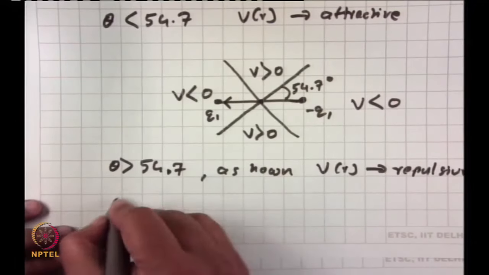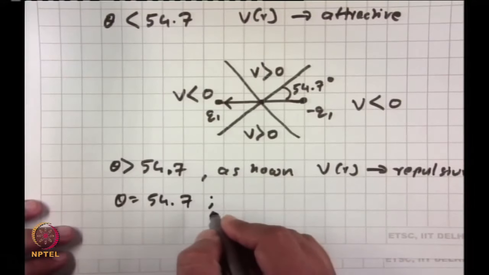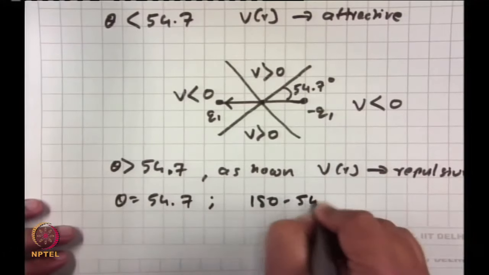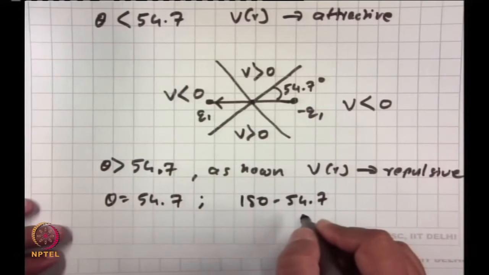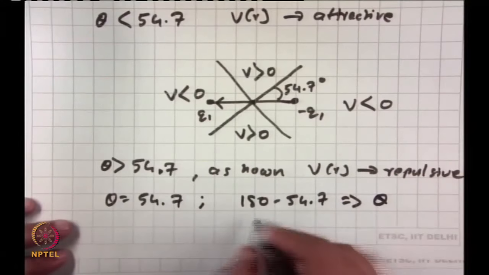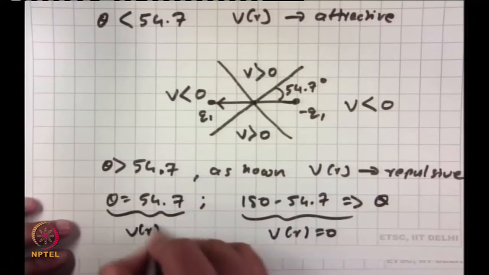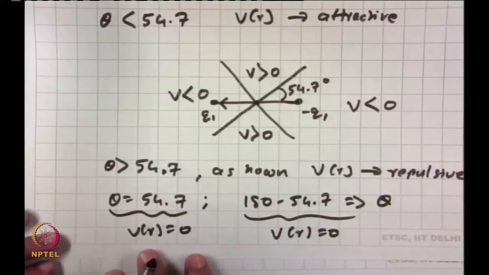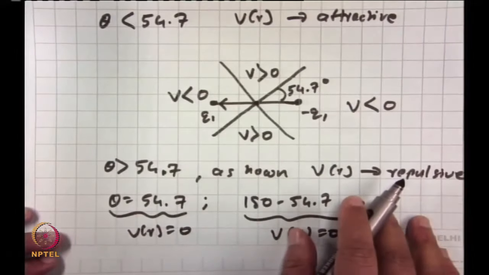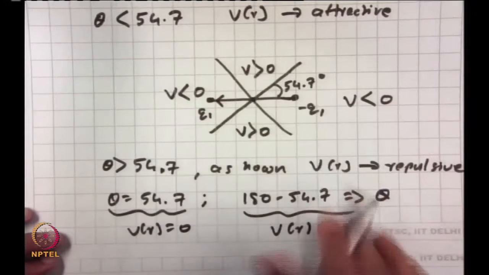One is theta equal to 54.7. What is the other angle? 180 minus this, right? So, the other one is at 180 minus 54.7. This is another case where V of R is equal to 0. So, essentially this line and this line are your lines of zero interaction, that you can understand now.